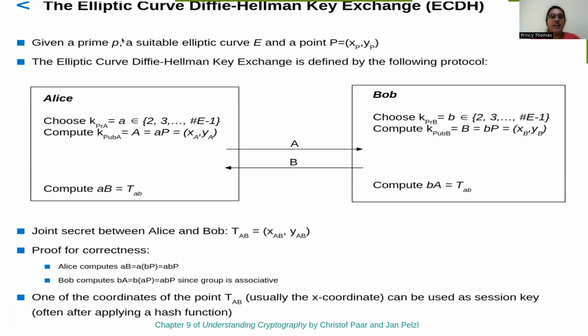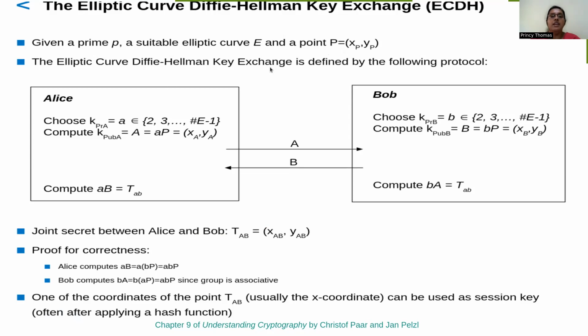The prime value should be between 1 and the cardinality of E, so we can choose as we wish. Secure prime values are also known; standard values are provided by NIST. So, given a prime P, a suitable elliptic curve E, and the generative point XP, YP, these three things need to be given.